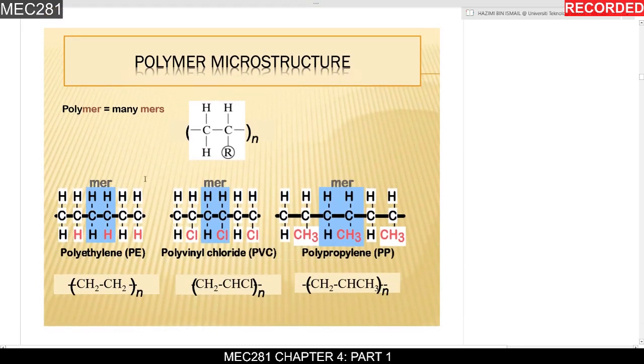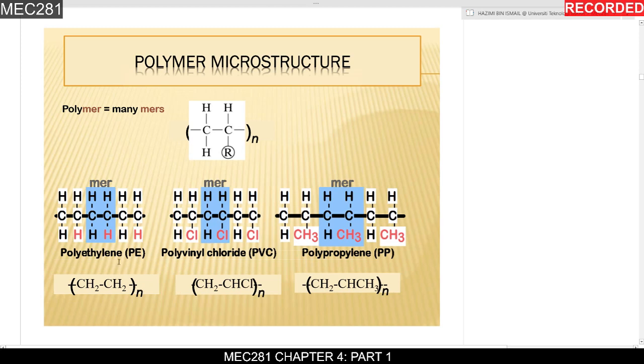So let's say polyethylene. R here is hydrogen, and then you repeat the microstructure of the polymer however many times.